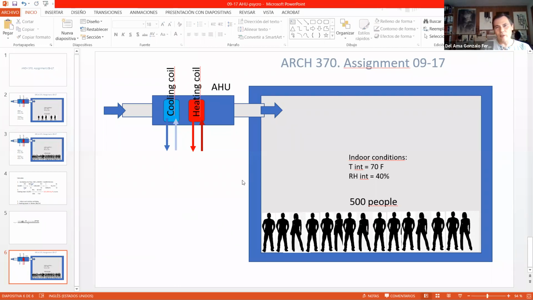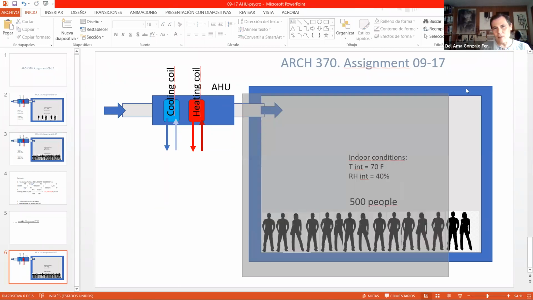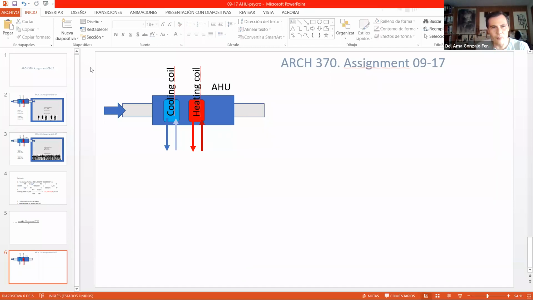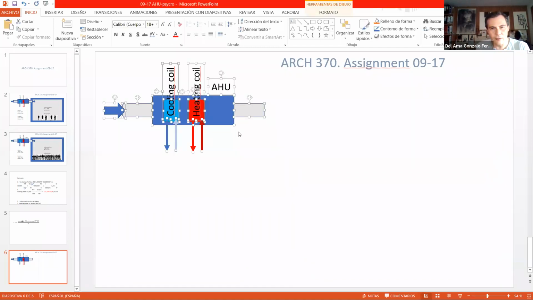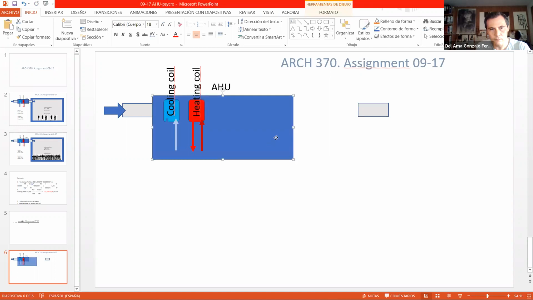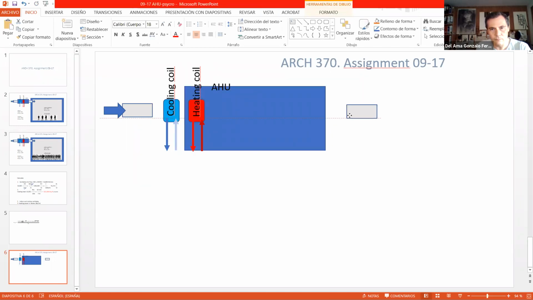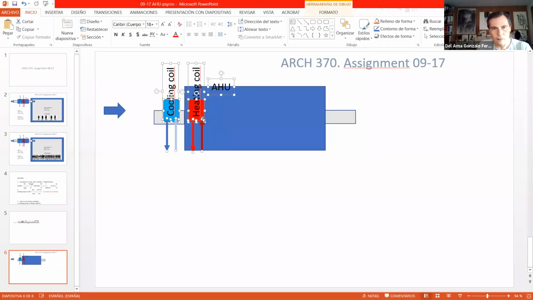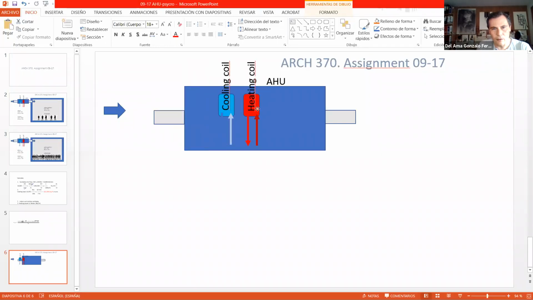Now I want to prepare schematics of this. Okay, so I'm going to enlarge to make it bigger. And now the heating coil and the cooling coil.